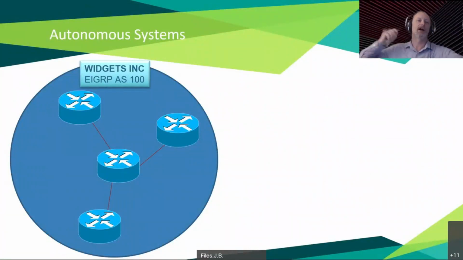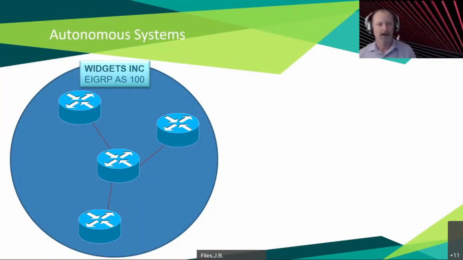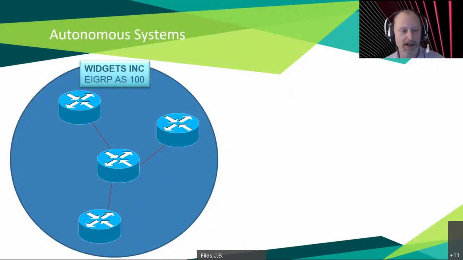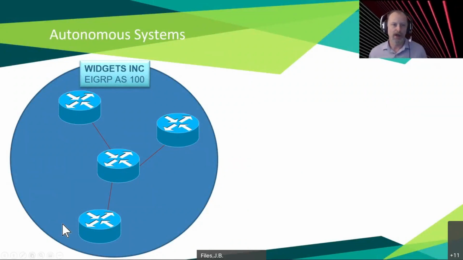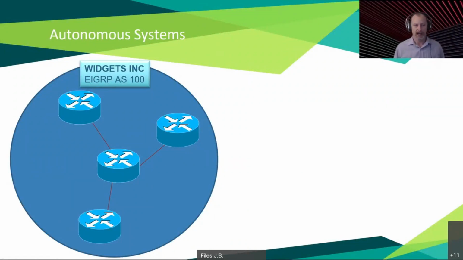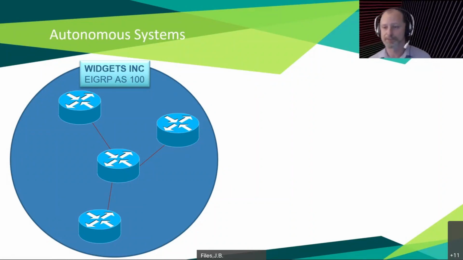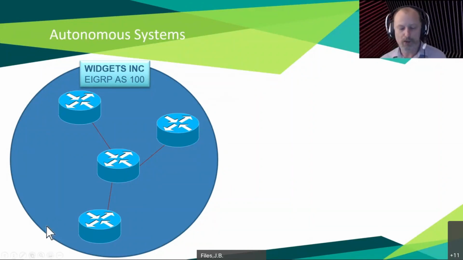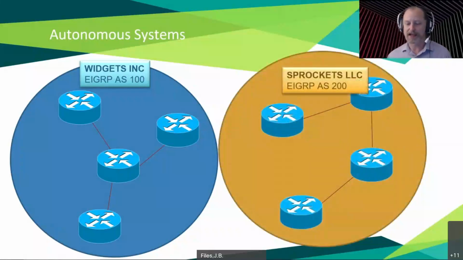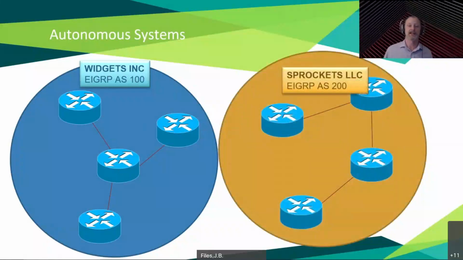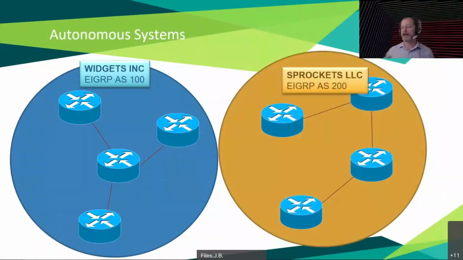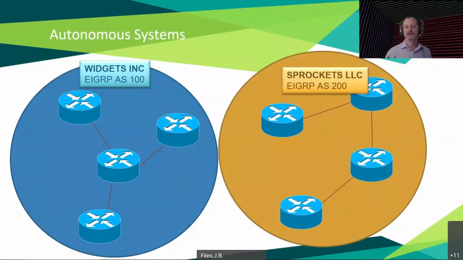Okay, so autonomous systems. So we have Widgets Inc. on the left here with EIGRP as the routing protocol, autonomous system 100. Then we have Sprockets LLC, which is also using EIGRP, and it has AS 200.